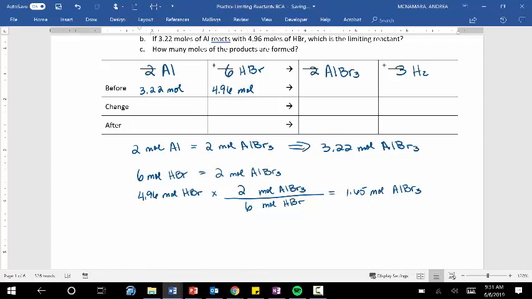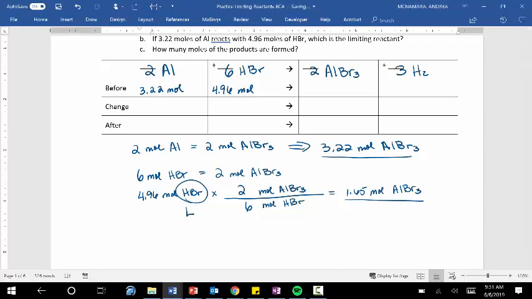Okay, so here's the first question. Which is the limiting reactant? The amount of aluminum that I have can form 3.2 moles of aluminum bromide. The amount of hydrogen bromide that I have can only form 1.65 moles of aluminum bromide. So once those 1.65 moles are formed, all of my hydrogen bromide is going to be used up.